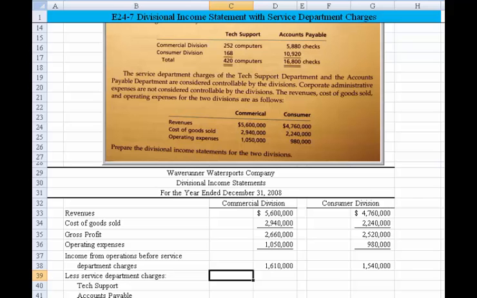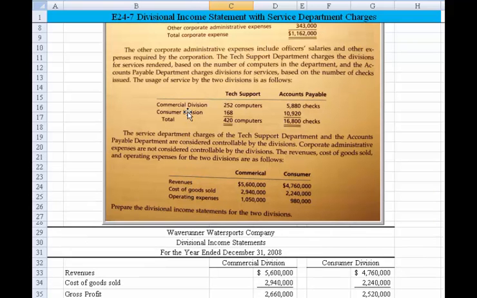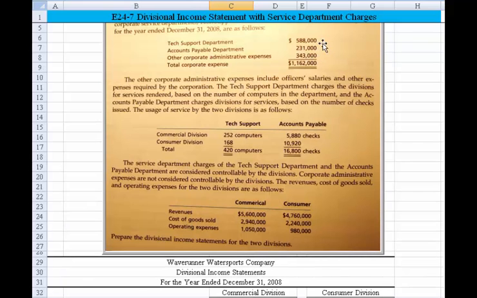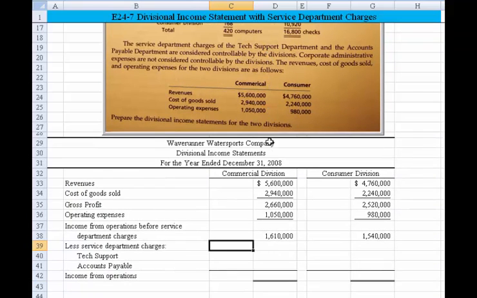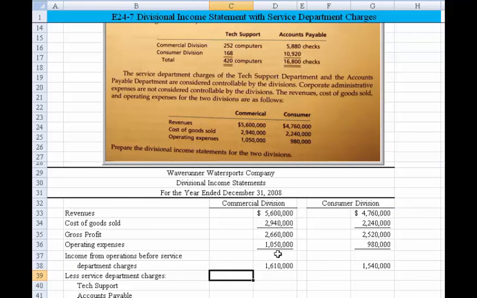Let's come up with what was the total dollar amount that we need for tech support. Tech support was 588,000. Slide back down again, we'll work on that. And we have our information in there.